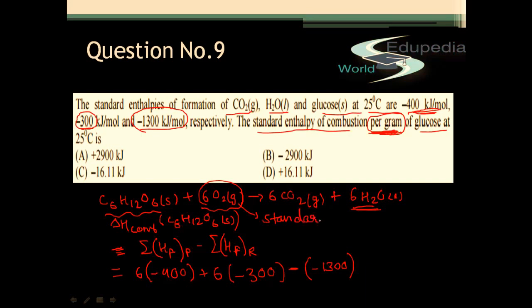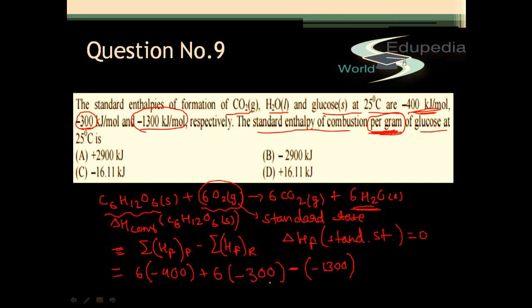Do you recall it now? All elements in the standard state have their delta H formation equal to 0. This is a very important thing which must be kept in mind at all cost while solving problems on thermochemistry. So for O2 we need not put anything, it will simply be 0.